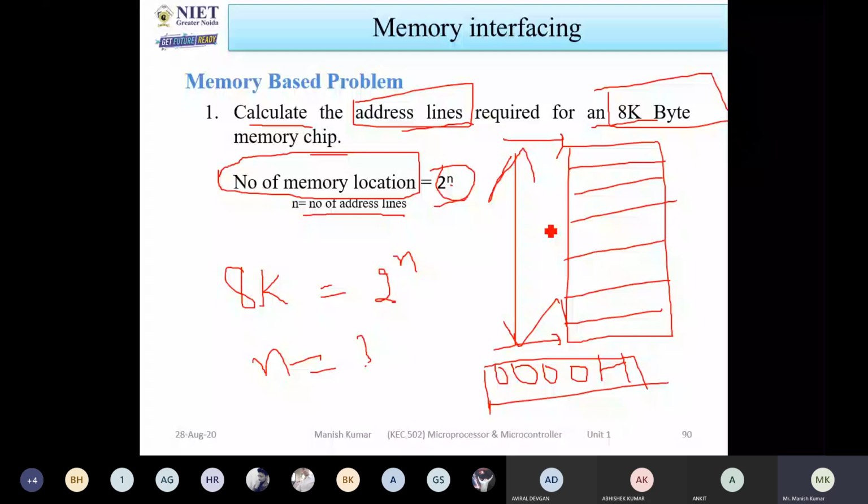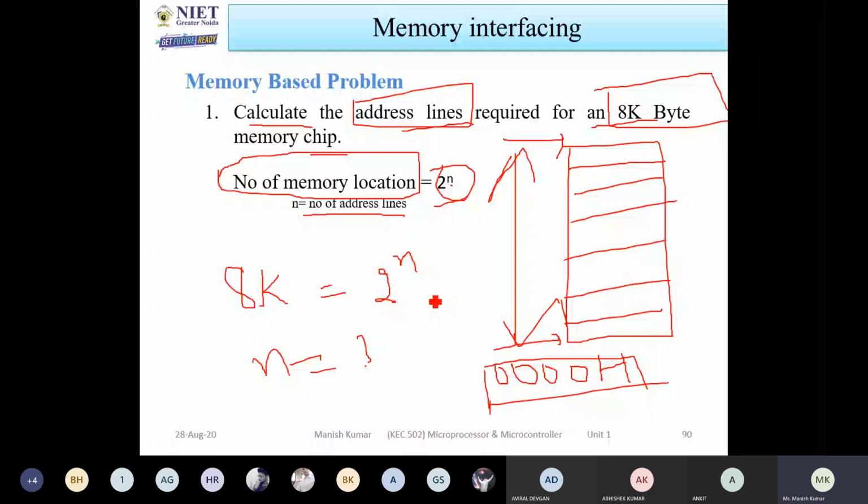Please take a paper and pen since you have to calculate all the things. Remember that. Sir, are you asking in bits? No, I'm asking the value of n. N means a number. This is the number of address lines. Sir, what is the meaning of k?